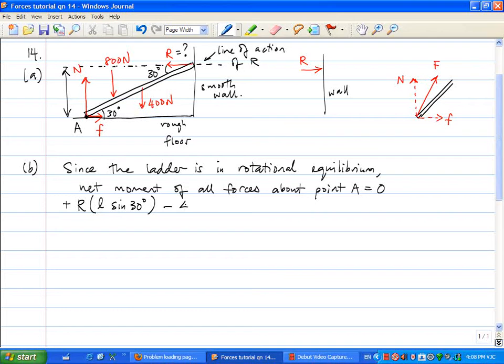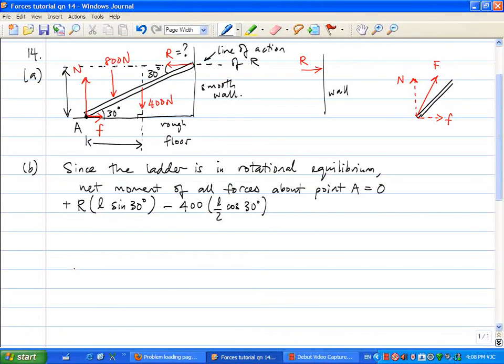So let's consider the 400 Newton first. Force times distance. This is the line of action of the 400 Newton force. So the perpendicular distance of the line of action of the 400 Newton force from the point A is simply this distance. By simple trigonometry, you can see that this distance is actually L upon 2 cosine 30.